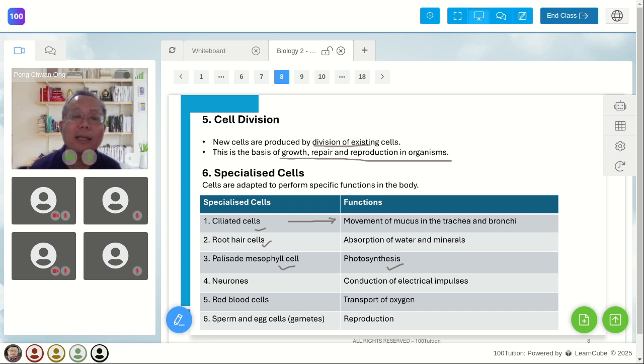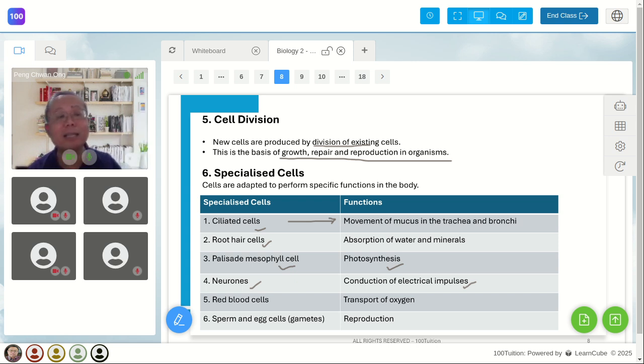Okay, the next one is neurons. Neurons relay information in our body, in our nervous system, and basically they do that through the conduction of electric impulses. That's how information is carried when our body receives a stimulus.